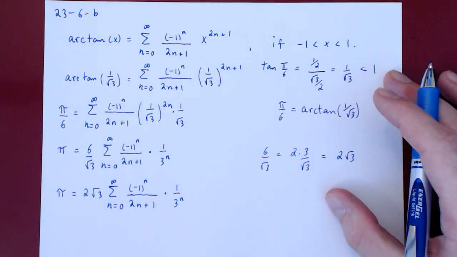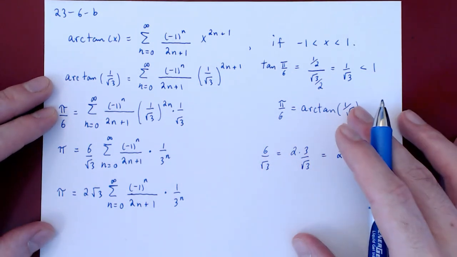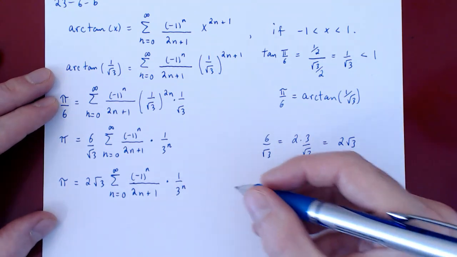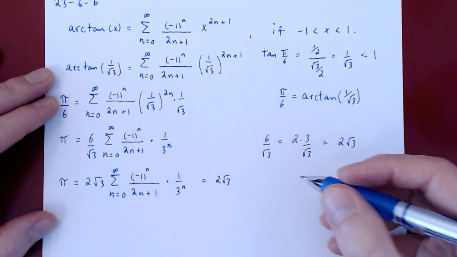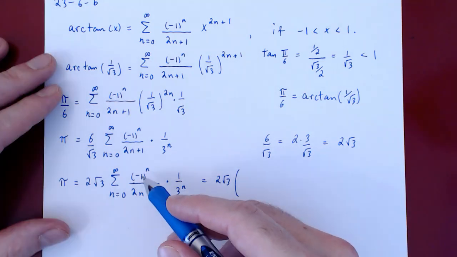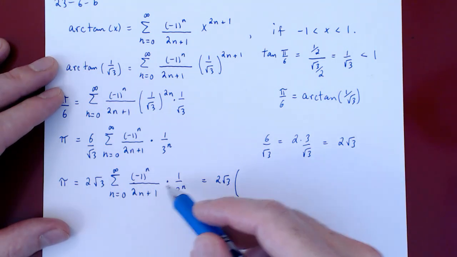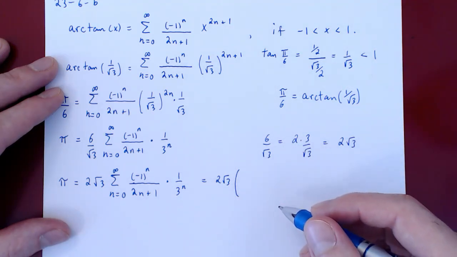Now, if we want to get an intuitive feel for the series, we can of course expand it. So if we expand to the first 4 terms, the 2 root 3 stays there as a constant multiple. When n is 0, the first term of our series is 1 over 1, simply 1.